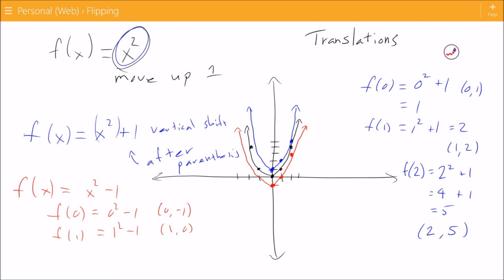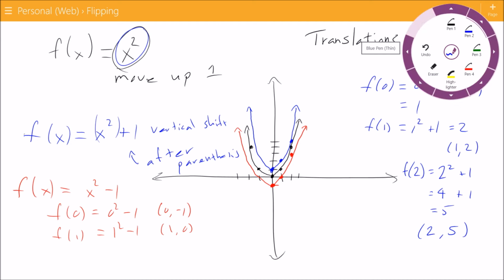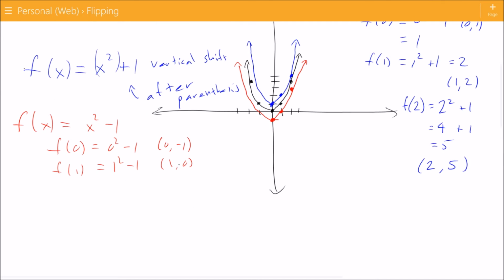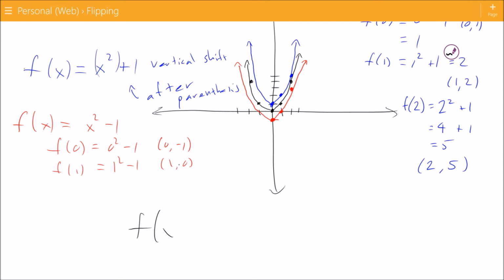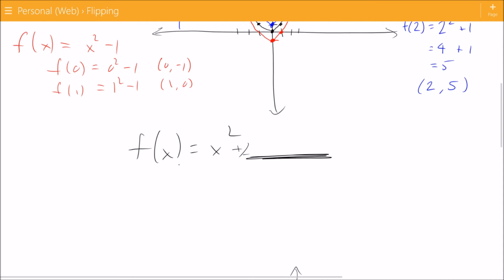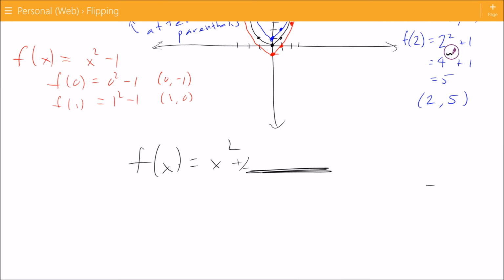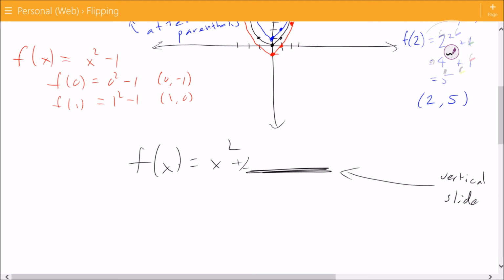So whatever you add at the end of your function, if I've got f of x equals x squared, whatever I add here, plus or minus, that's your vertical shift or your vertical slide.